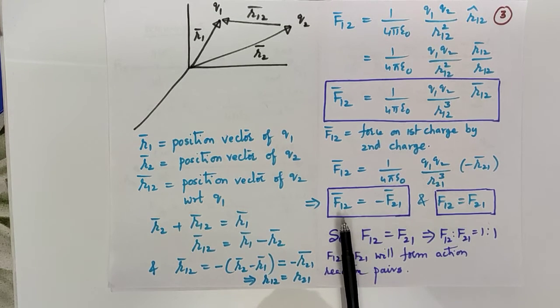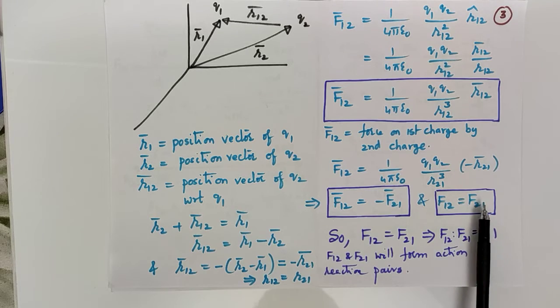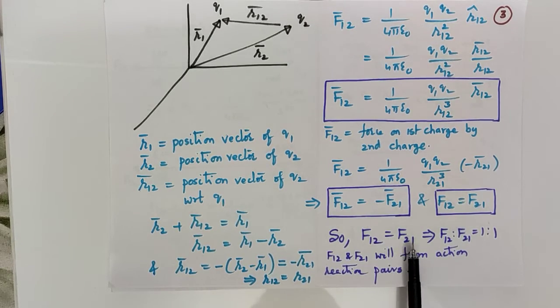Both of them are vectors in opposite direction, having the same magnitude. So F12 is equal to F21, that is, the ratio of F12 to F21 is 1:1. That means the force acting on first charge by second charge is the same as the force acting on second charge by first charge. So F12 and F21 will form an action-reaction pair.